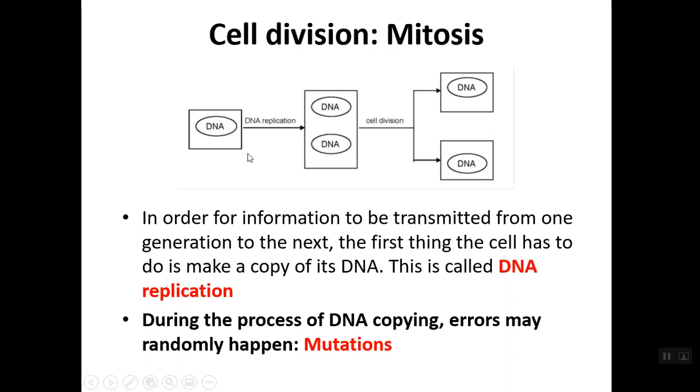Okay? Now, imagine this DNA. As I told you, each gene is thousands of nucleotides, dozens of letters long, and organisms have thousands of genes as well. So there is a copying of a long manuscript to be done every time that a cell wants to divide.